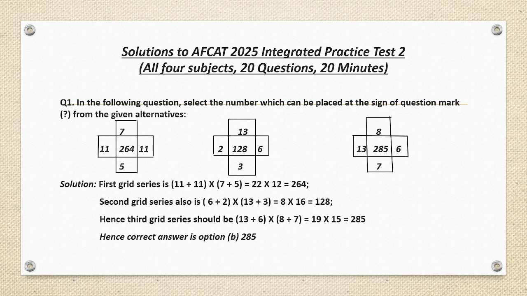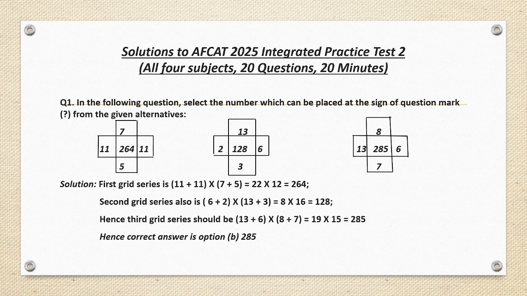This number is being placed in the central cell. And let us check the second grid. Here also the horizontal opposite cells 6 and 2, they are being added up, and vertical opposite cell 13 and 3, they are being added up, and 8 into 16 we got 128. So the series is established.